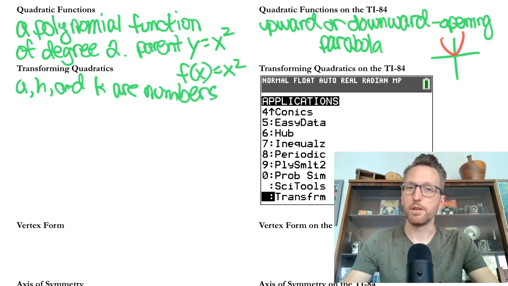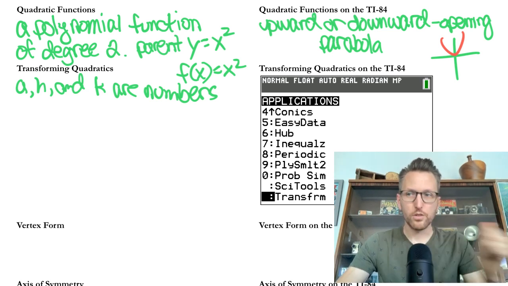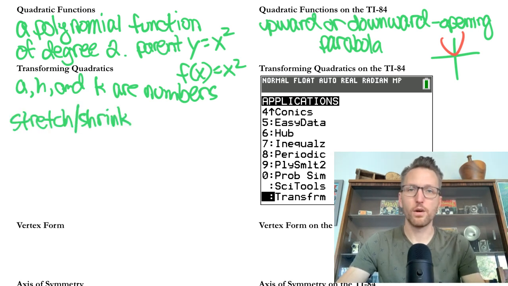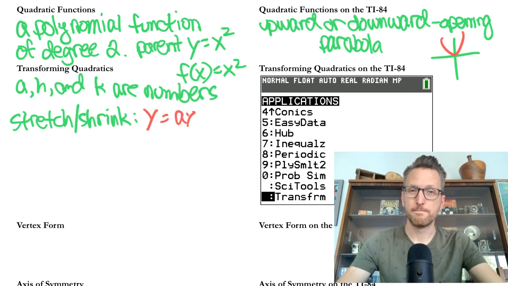They could be decimals, they could be fractions, they could be positive or negative, but they're real. So the first thing is a stretch or a shrink, and I mean horizontally or vertically. That equation is y equals a x squared. Again, that a could be like 3 or 5, or it could be 1/3 or negative 1/5.